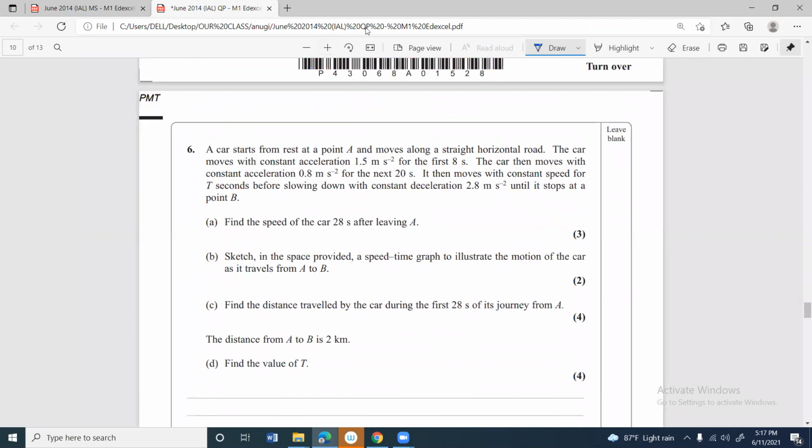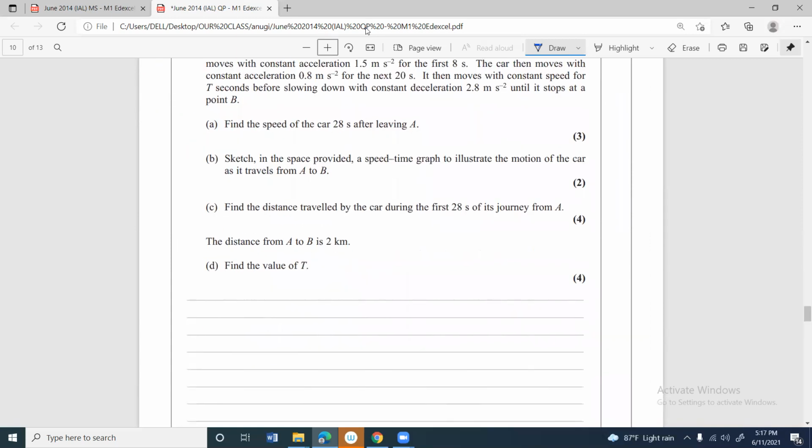Okay, right. A car starts from rest. This is the important point. At a point A and moving along a straight horizontal road, the car moves with a constant acceleration of 1.5 meters per second squared for 8 seconds. So in this case, definitely we are going with the speed-time graph. I will start to draw it initially starting with 0.